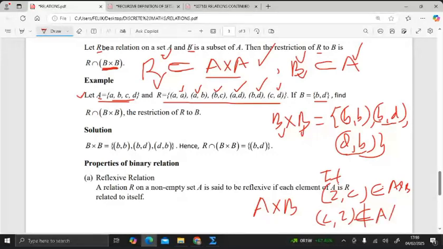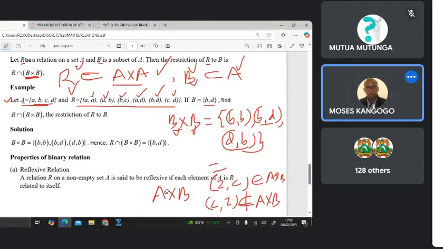Say, if (2, C) is in A cross B, then (C, 2) is not in A cross B. So you cannot have that flexibility here.